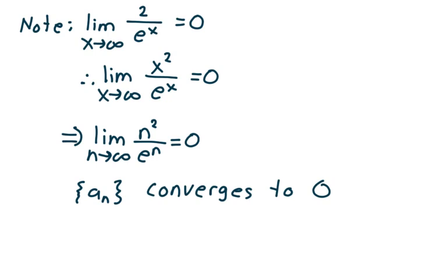One last question I want to go over with you guys. Let's take a look at example 6. Suppose a sub n is equal to e to the 2n over n plus 2.